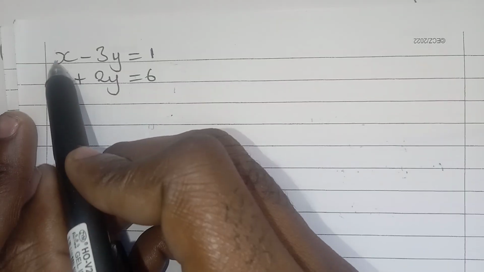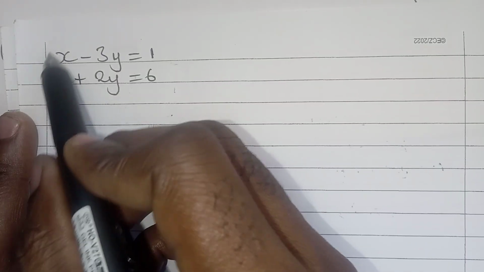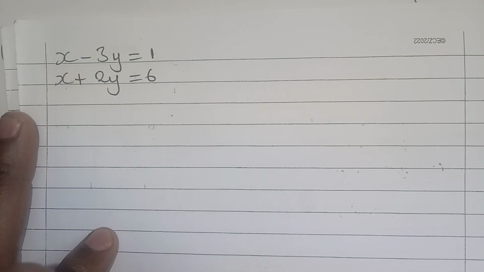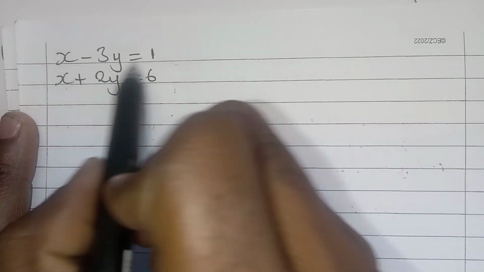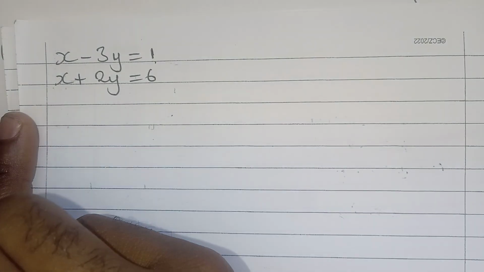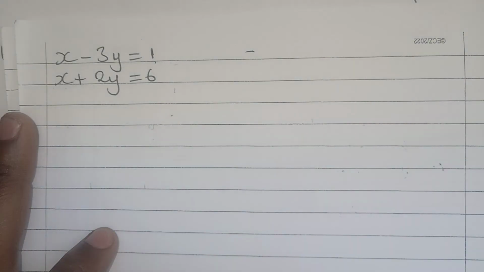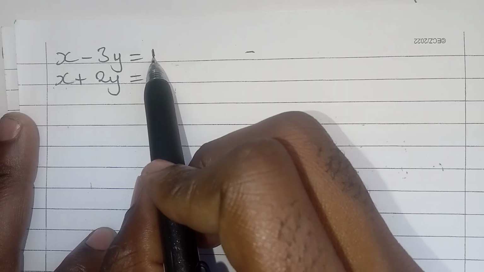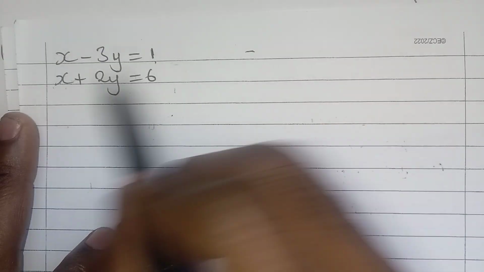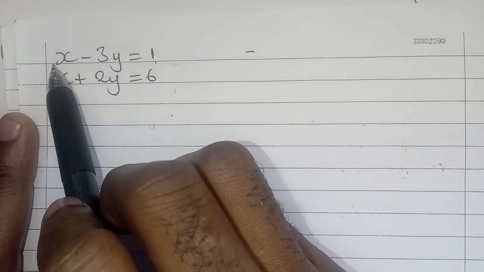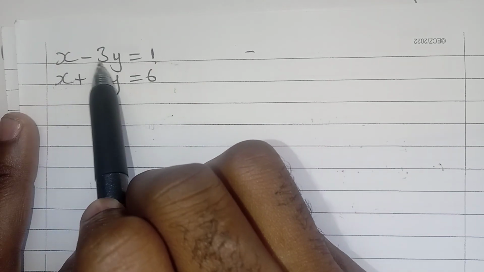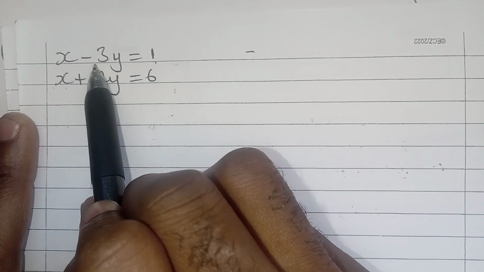So since the signs are both positives, what you do is you multiply either the first equation or the second equation by a negative.